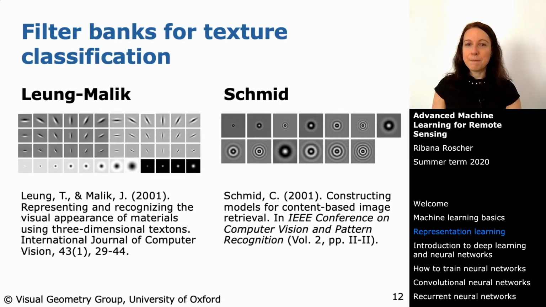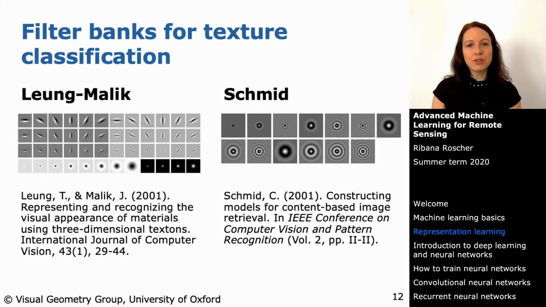And a quite old approach to capture a structure in an image can be seen here. It is quite old, from 2001, but I think this is very important to know for you, because this principle will come back when we talk about convolutional neural networks. What you can see here are so-called filter banks. Filter banks are nothing else than a collection of convolutional filters.